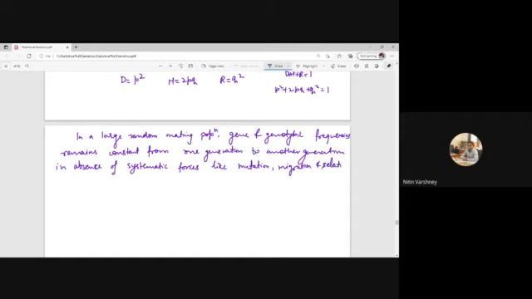These three forces we will consider later. This is the definition of the Hardy-Weinberg law: in a large random mating population, gene and genotypic frequencies will remain constant from one generation to another in the absence of systematic forces like mutation, migration, and selection.